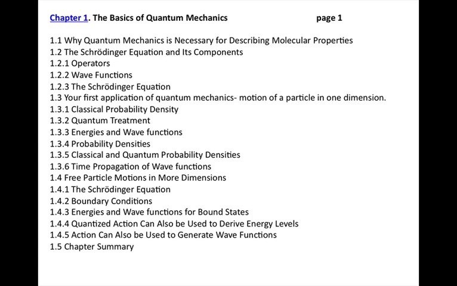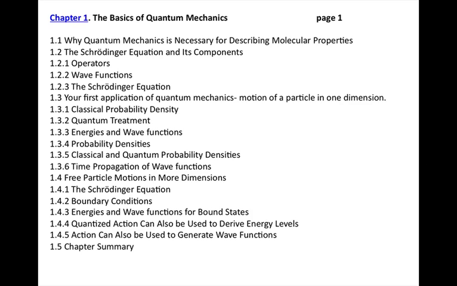And the importance of this is, number one, it's now a very powerfully and widely used tool in treatment of multidimensional problems, where actually finding wave functions and wavelengths and the spatial probability densities of a problem are very difficult. But treating the so-called action, which is a classical mechanical object or quantity, is something that you can do in higher dimensions.